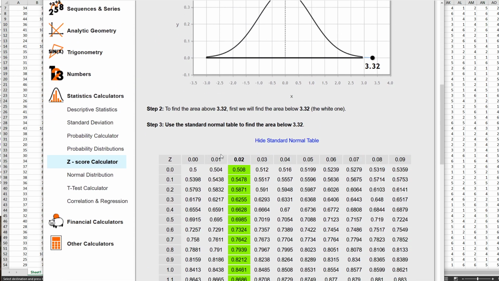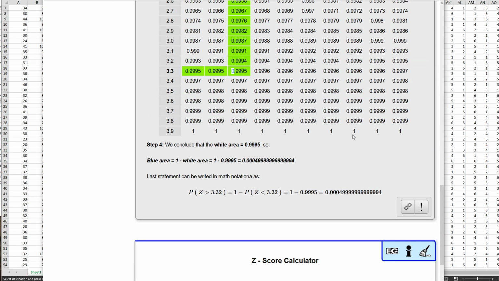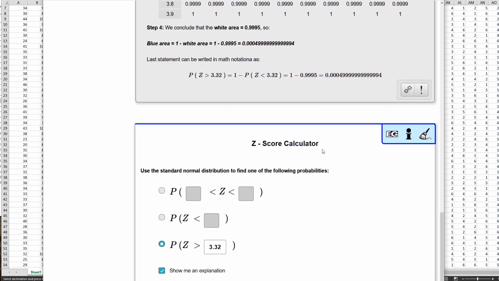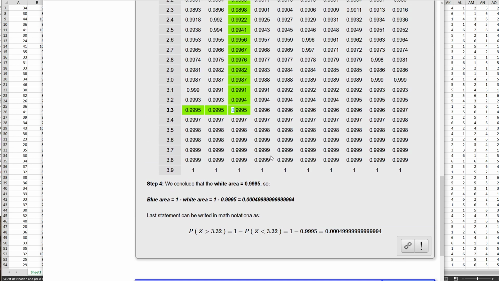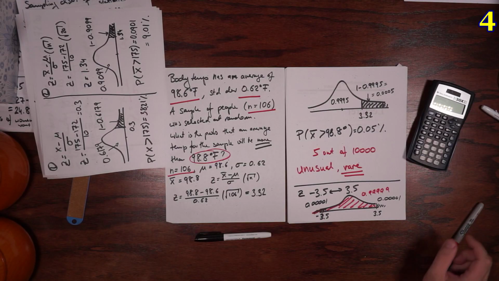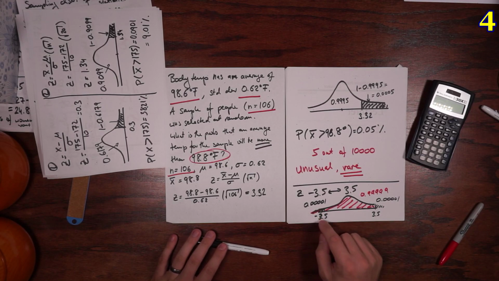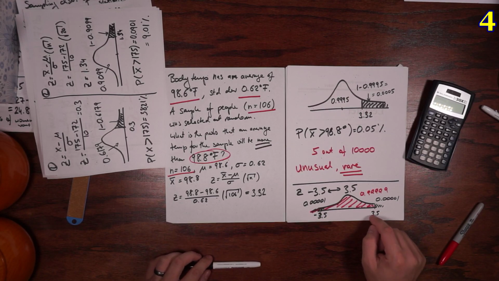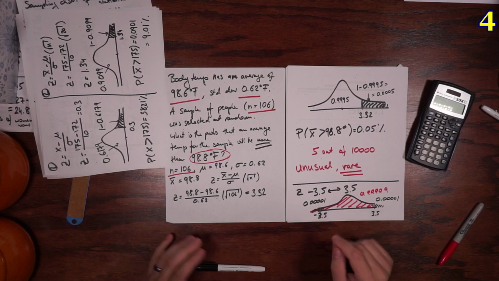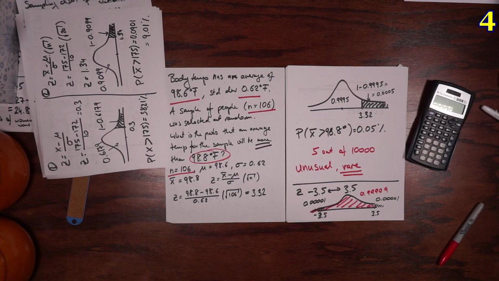So all this area at 3.9 becomes about 100%. And again, depending on which table you look at, those can show up earlier or later depending on how many decimal places they have. So this is just a quick note saying that negative 3.5 to 3.5 is usually where we like to keep the whole thing going.